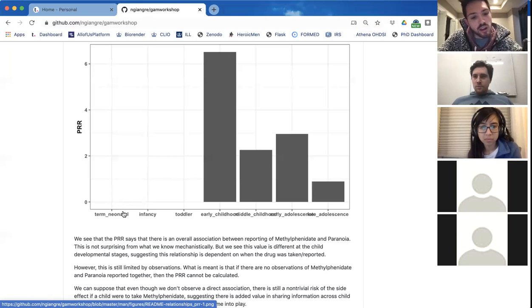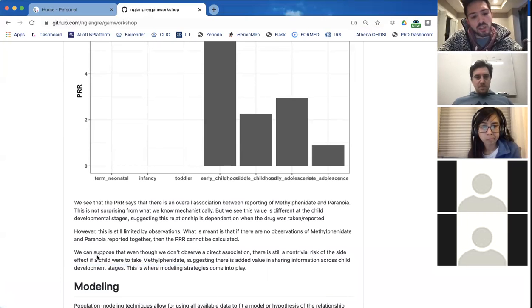But you can't compute anything because there are no raw reports. We could suppose that even though we don't observe a direct association, there's still a non-trivial risk of the side effect if a child were to take methamphetamine, suggesting there is an added value in sharing information across child development stages.